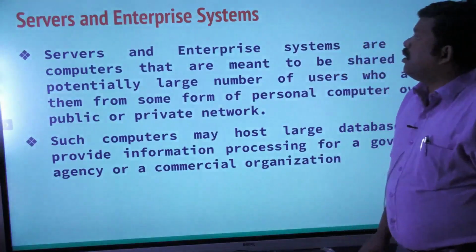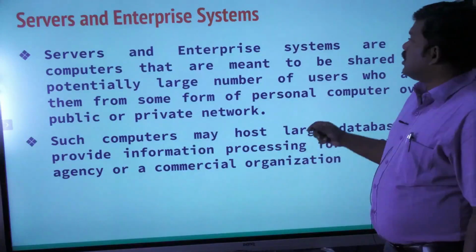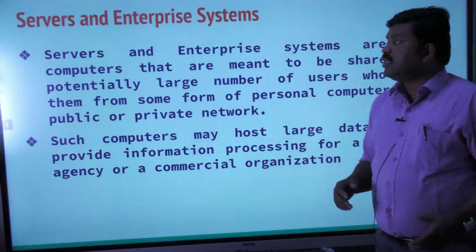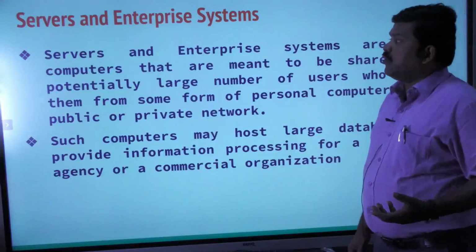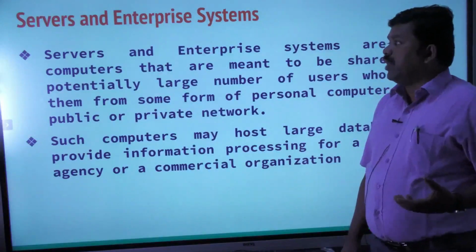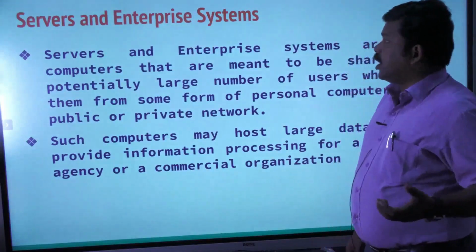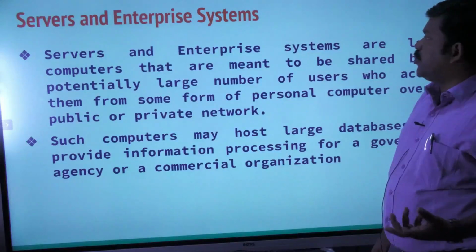The next category is servers and enterprise systems. Servers and enterprise systems are larger computers where the need for computing capacity is huge. For example, servers are used in areas where we need the fastest computing environment, especially rocket launching and atomic power plant pressure and temperature monitoring.